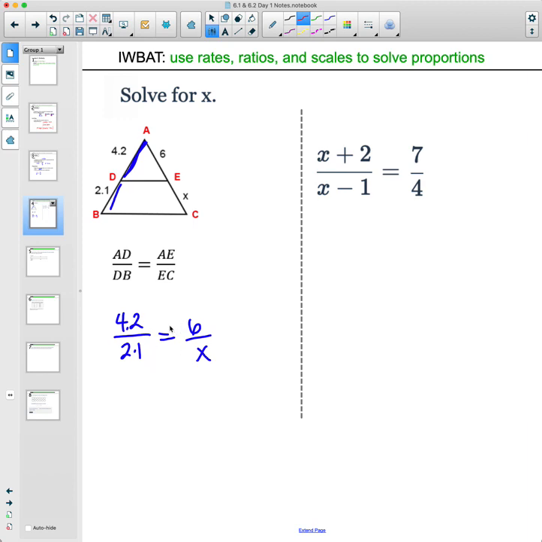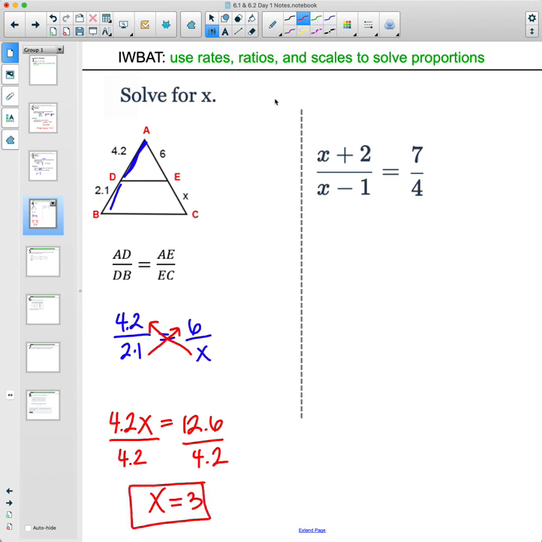So you can multiply like this, and you'll get 4.2x on the left equals 12.6 on the right. Now divide by 4.2 and you'll get x equals 3.